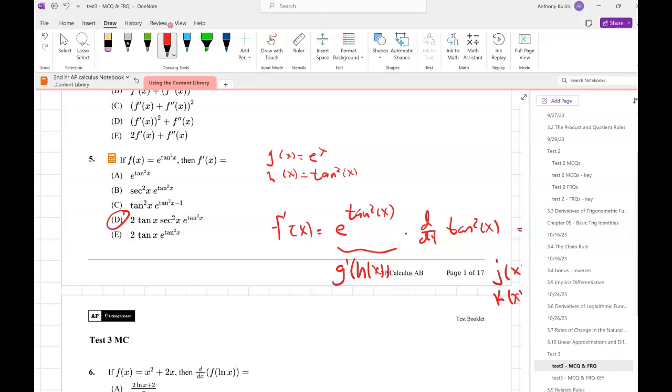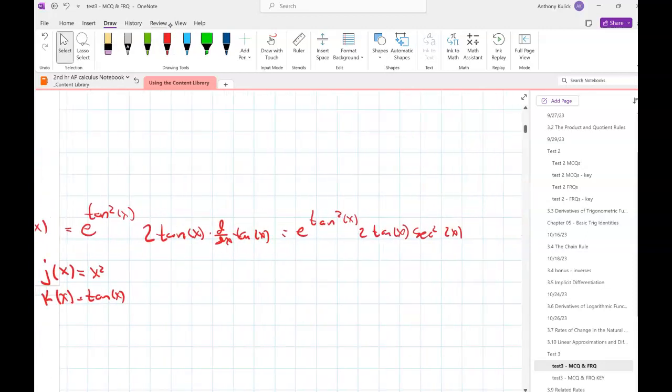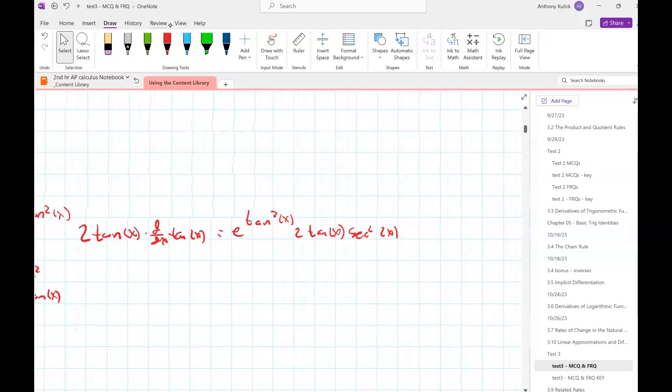Mm-hmm. All this is just chains. There's no product rule that happened in this problem. I used the power property to do some of the chains.